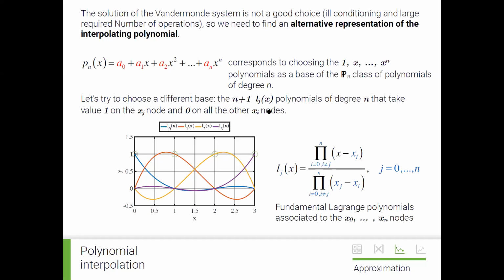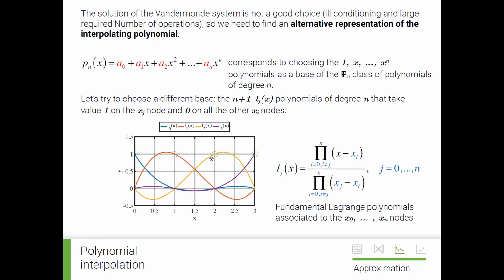Lagrange polynomials take the value 1 on the xj node and 0 on all other xi nodes. So it takes 2 values, as you can see here.